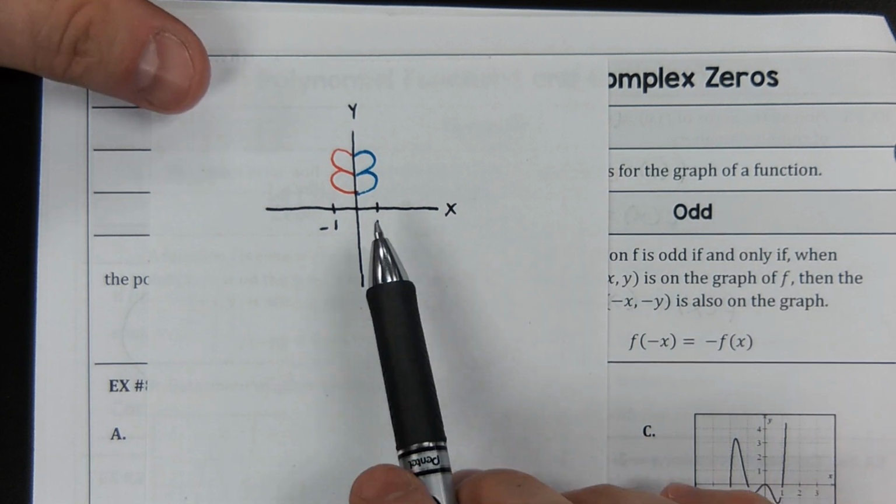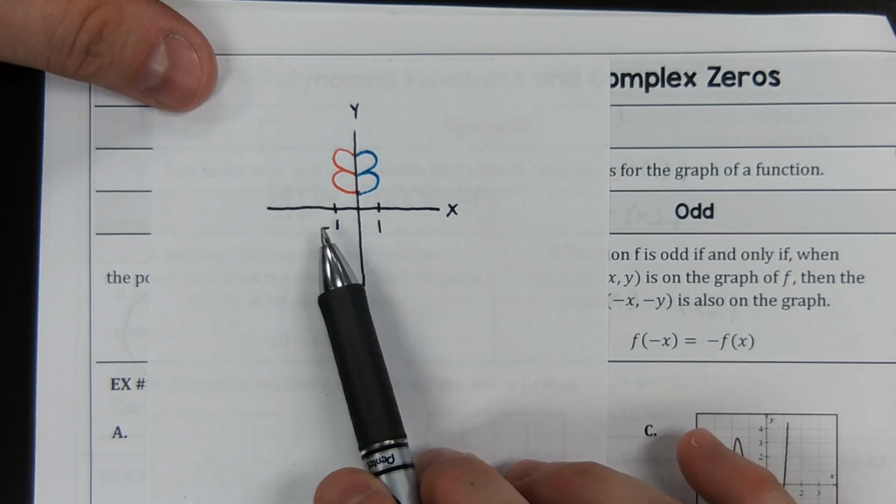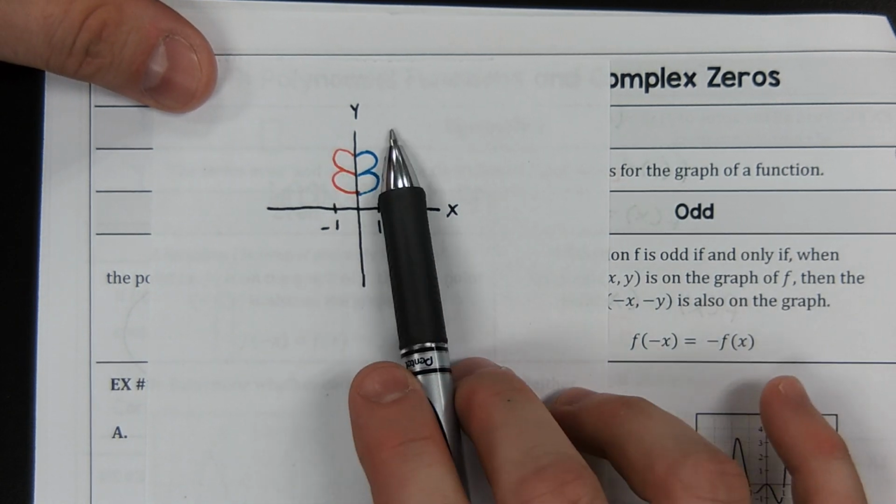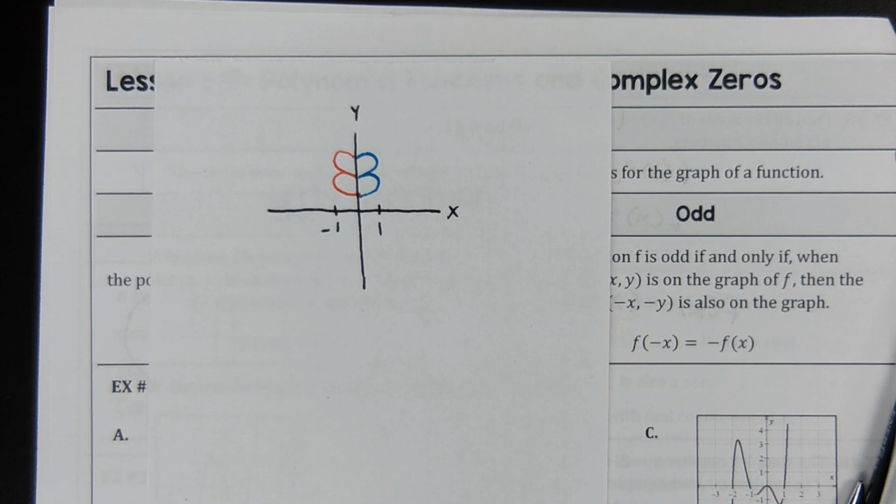If you change the sign of the x, the y values stay exactly the same. That's what even symmetry looks like. The y-axis acts like the line of reflection. Cool with that idea? Awesome.